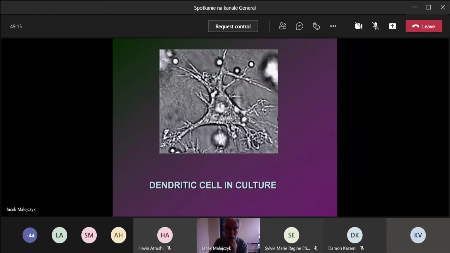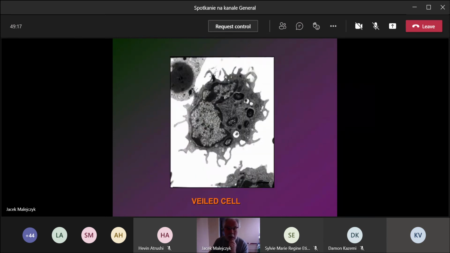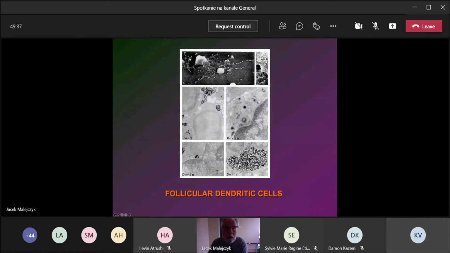This is, of course, to increase the surface which will be able to expose the captured antigens. In the fluids, they become rounded, and they are usually called veiled cells because they have many processes which, when they flow, are behind them. So sometimes it resembles the veil of a bride.